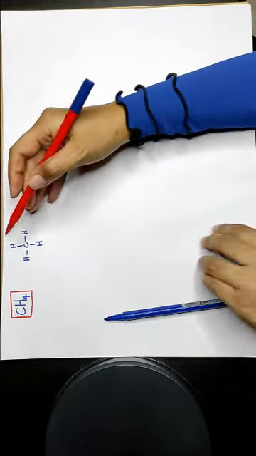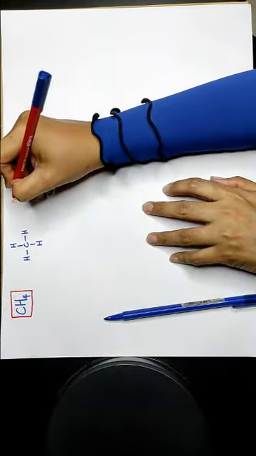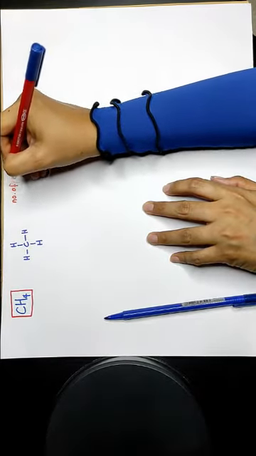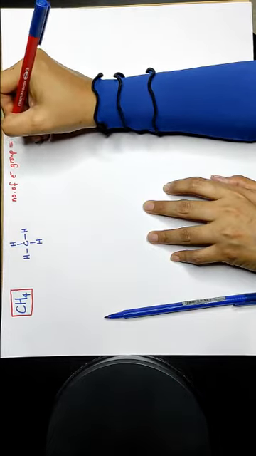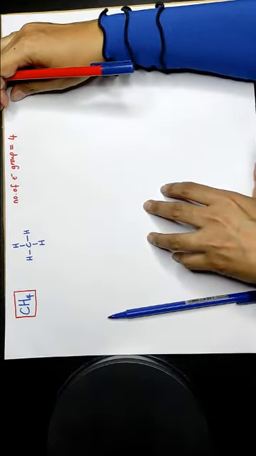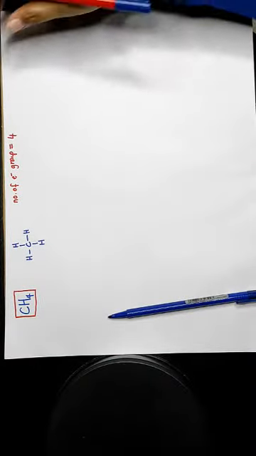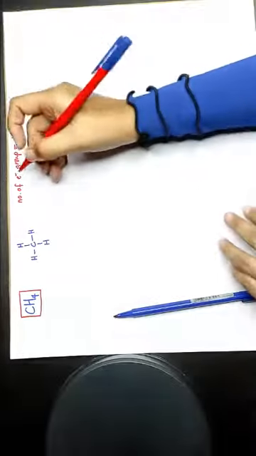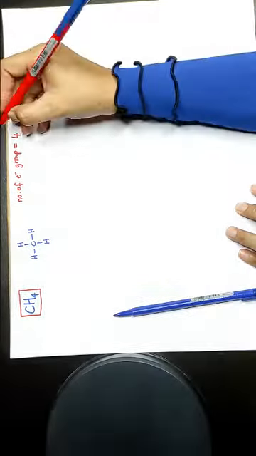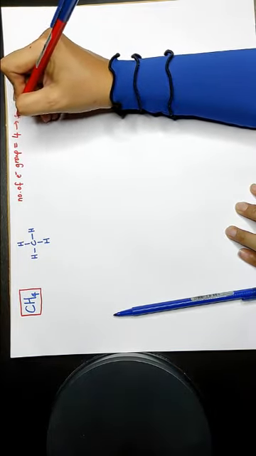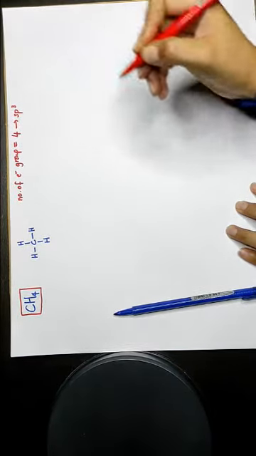Around the carbon atom there are 4 bonding pairs, so the number of electron groups is 4. Since there are 4 electron groups around carbon, therefore carbon undergoes sp3 hybridization.